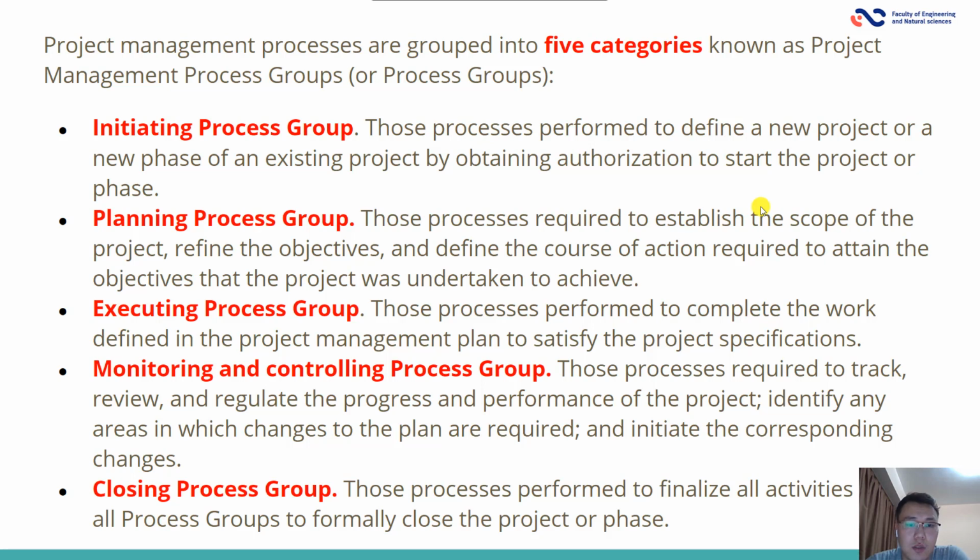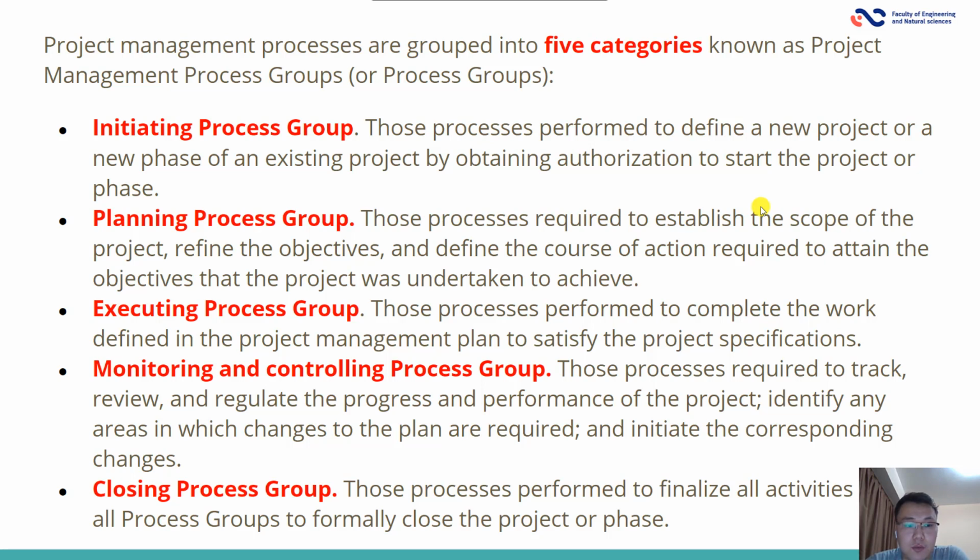Third is the executing process group. Those are the processes performed to complete the work defined in the project management plan to satisfy the project specifications. The fourth is the monitoring and controlling process group.